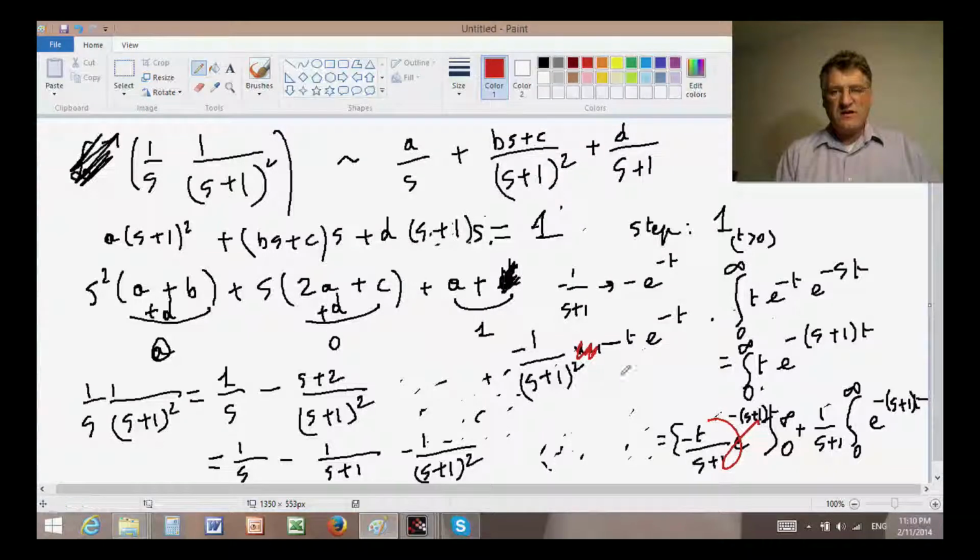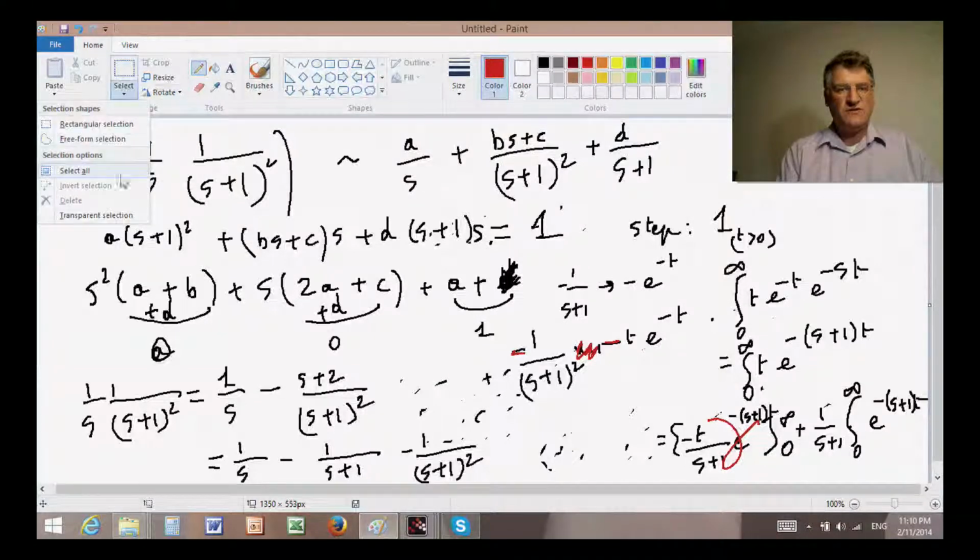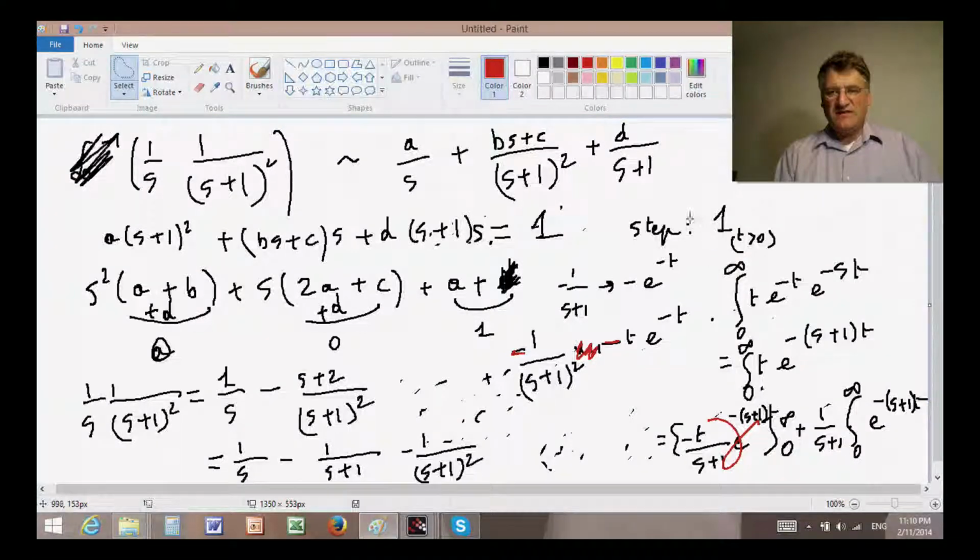Okay, I can erase this. The inverse Laplace transform of minus 1 over (s plus 1) squared will be minus t e to the minus t. Okay, so summarizing and erasing all the unnecessary computations, what can I say?